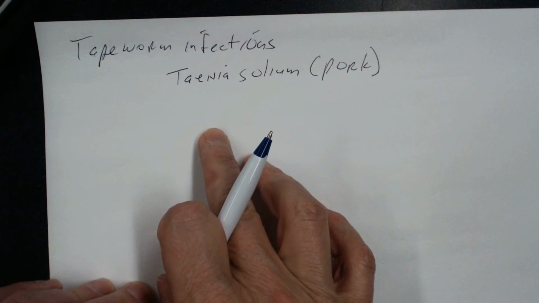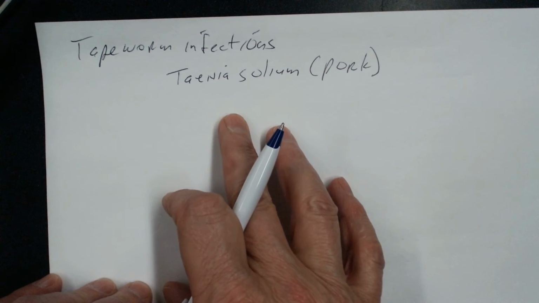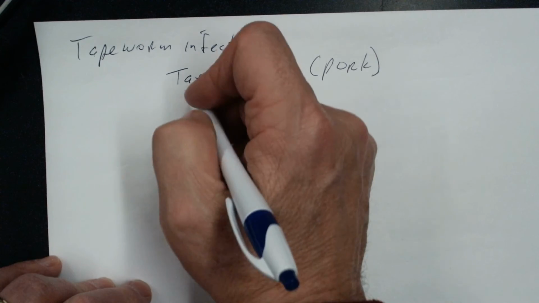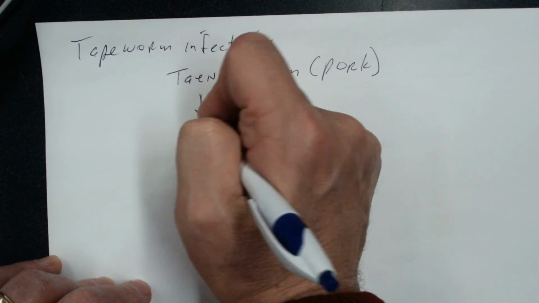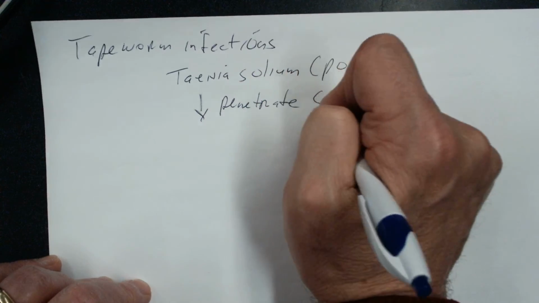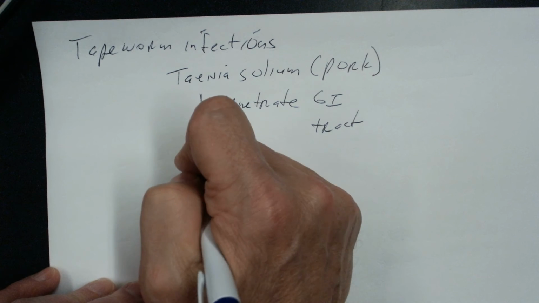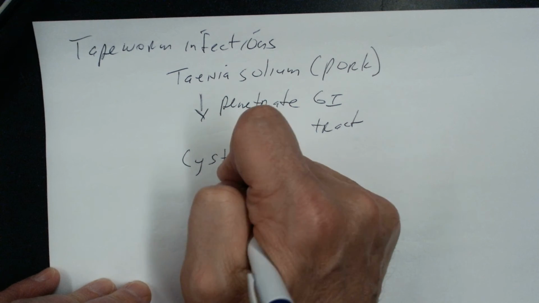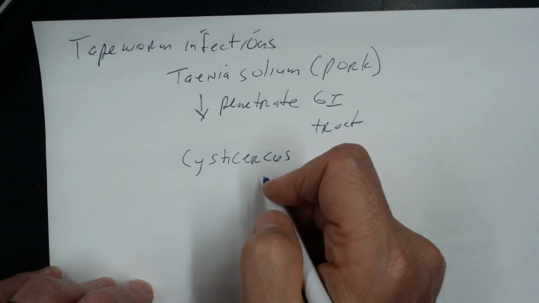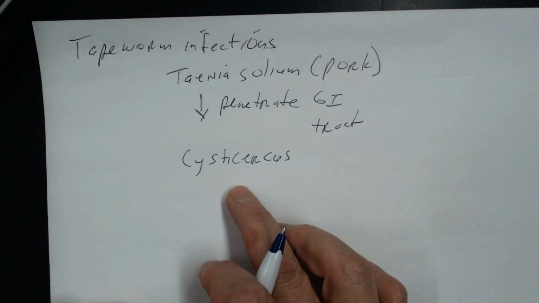Because this organism is normally a pig organism, it's not an organism that humans see. It will penetrate the GI tract and it will form a so-called cysticercus. And this is called cysticercosis.